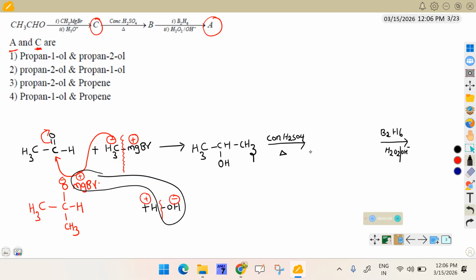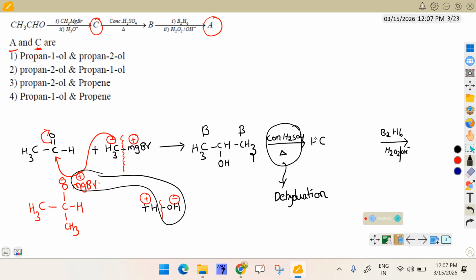It reacts with concentrated H2SO4. Concentrated H2SO4 acts as a dehydrating agent. The dehydration process takes place, removing a water molecule. Dehydration follows beta elimination, so remove a hydrogen atom from the beta carbon.